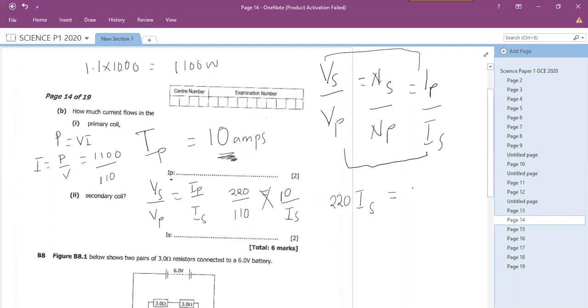That gives us 1,100. We divide both sides by 220, which cancels and leaves the current in the secondary coil. You punch in 1,100 divided by 220 on your calculator, and the current in the secondary coil is 5 amps.